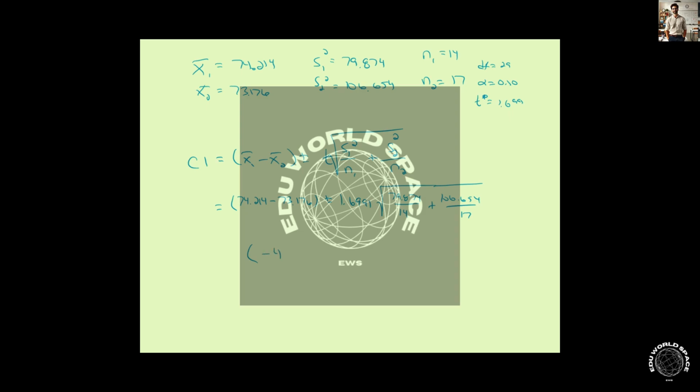That would have a lower boundary of negative 4.8 and an upper boundary of 6.9, which would mean, since 0 is in this interval, that there would not be statistically a difference.